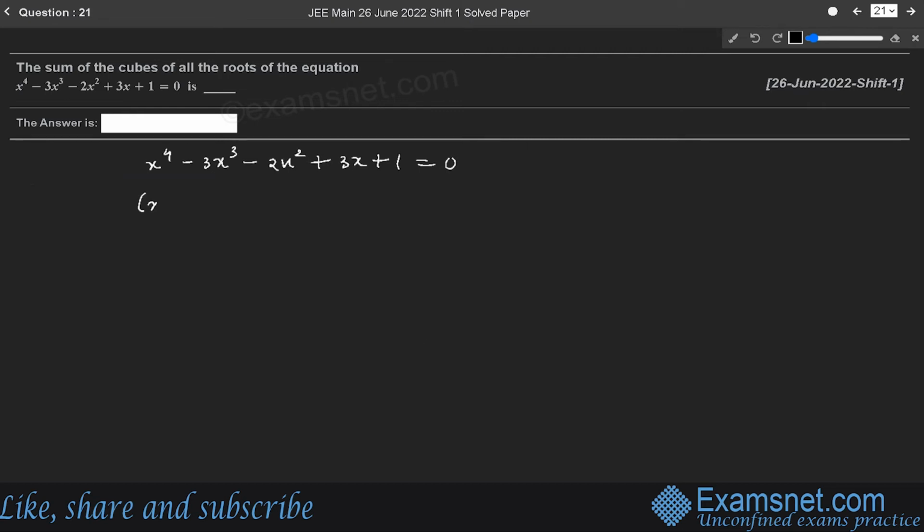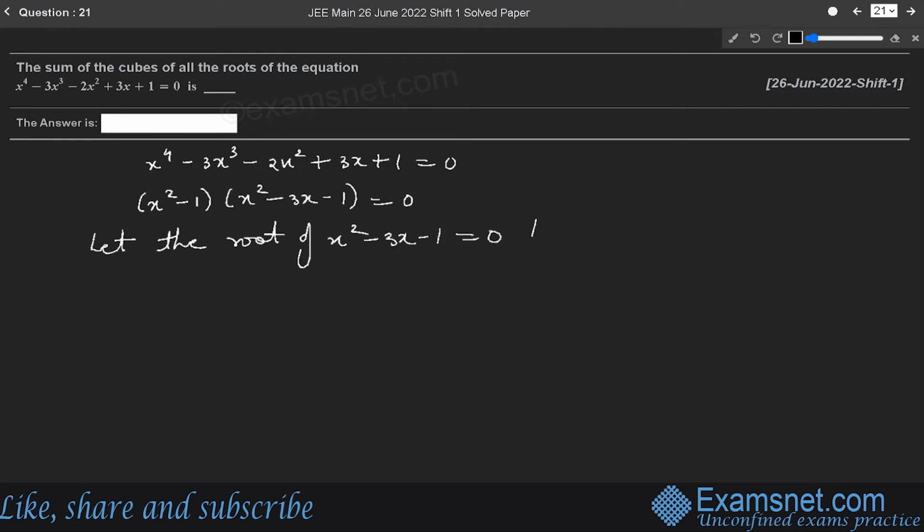So it can be written as x square minus 1 into x square minus 3x minus 1 is equal to 0. Now let the roots of x square minus 3x minus 1 is equal to 0 be alpha and beta, and the other two roots of the given equation are 1 and minus 1.